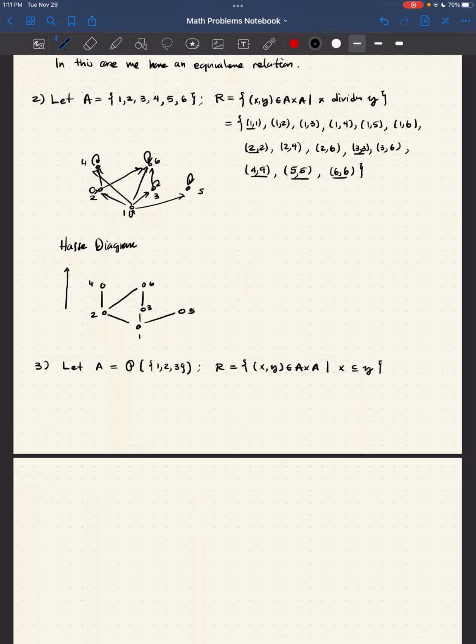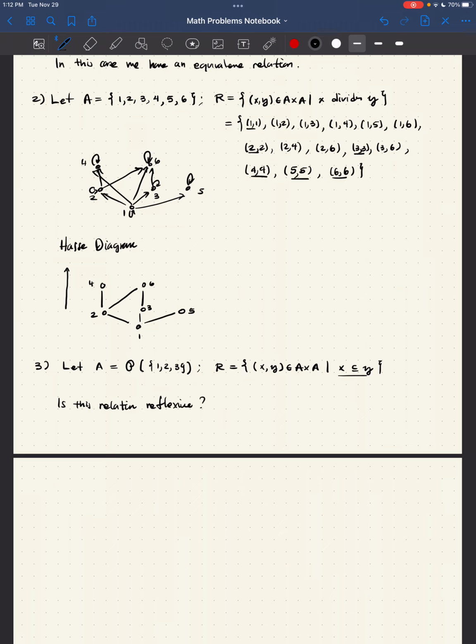Why am I able to say this? Well, simply because I'm dealing with sets, so I can compare them using this relation. Now, let's take a look at the following. Is this relation reflexive?